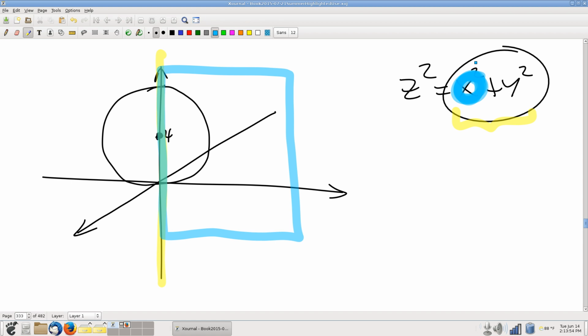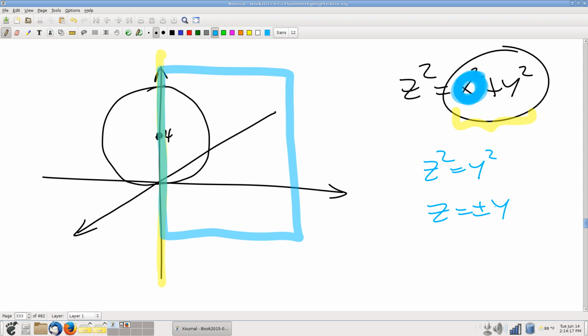Does that make sense? So z squared is equal to y squared, and therefore z is plus or minus y. Is everybody happy with that? Okay, so now what does that look like?